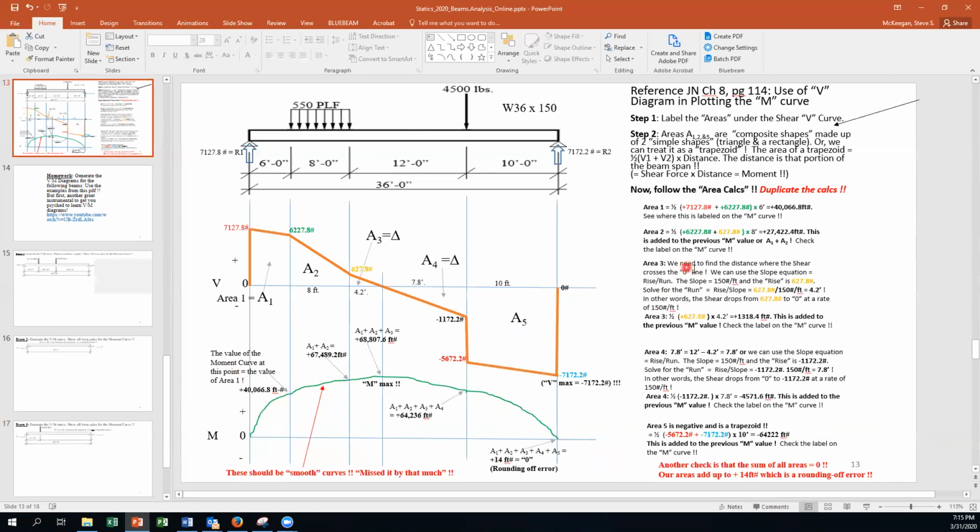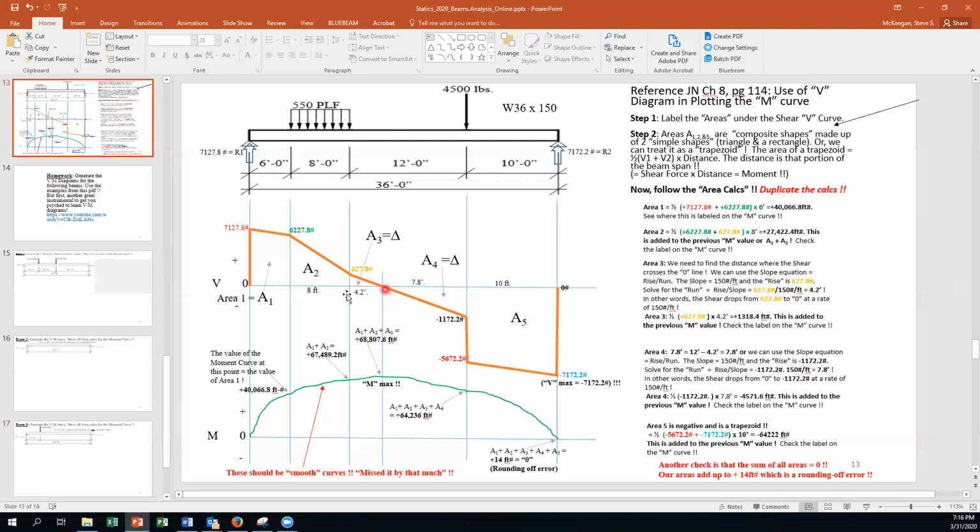So for area 3, we need to find the distance where the shear crosses the 0 line. We can use the slope equation, rise over run. We know the slope, 150 pounds per foot. We know the rise, it's going to go from 627.8 down to 0. So the run is 627.8 divided by 150 pounds per foot. That's 4.2 feet.